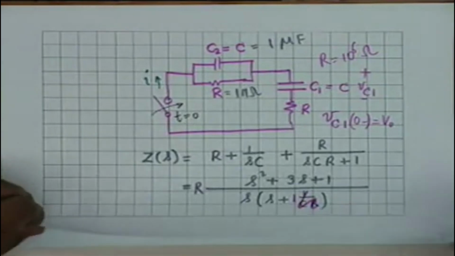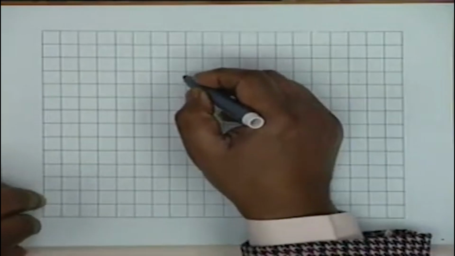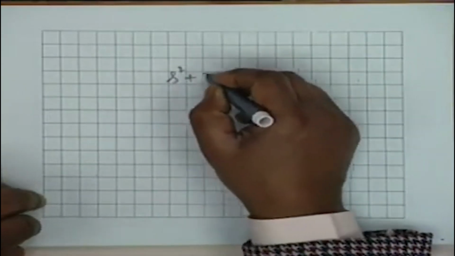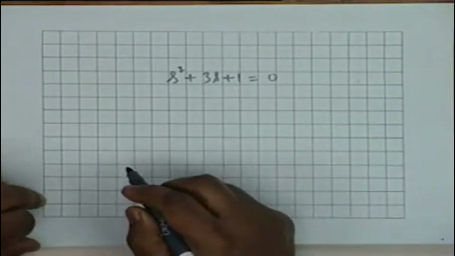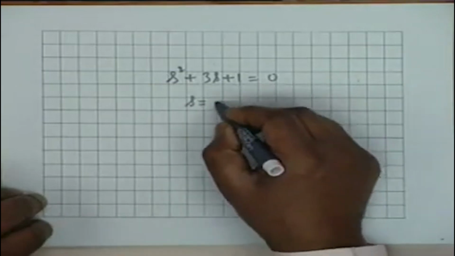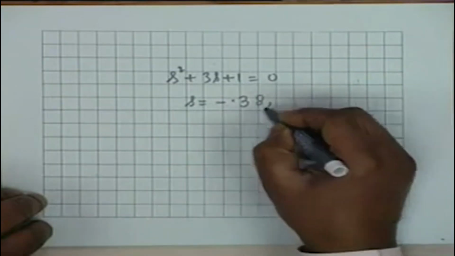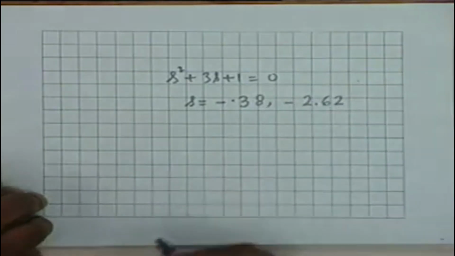So my natural current response shall be determined by the zeros of this, S squared plus 3S plus 1 equal to 0, the zeros of the impedance. It is a quadratic, nothing difficult, and the zeros happen to be minus 0.38 and minus 2.62.